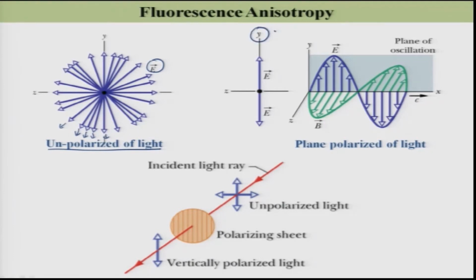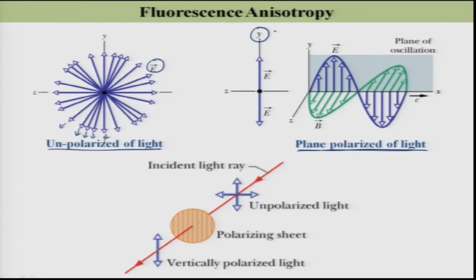Then the electric field is only oscillating along this x y plane, but not along any other plane. So, this is called plane polarized light. This is a special type of light. The normal light is unpolarized light, and this light is plane polarized light, or sometimes we also call it polarized light.